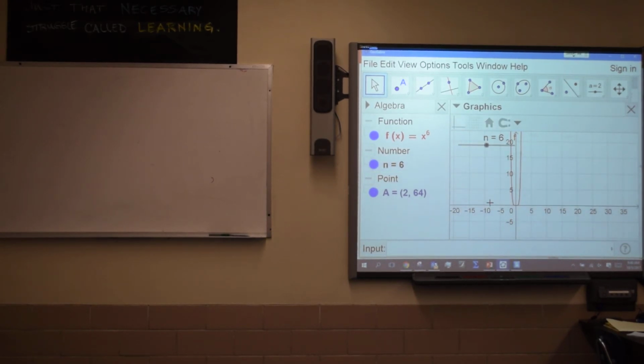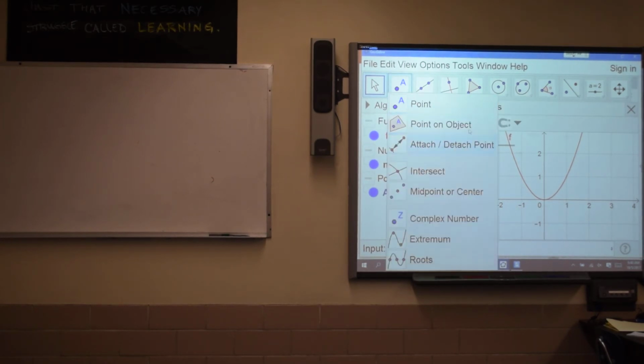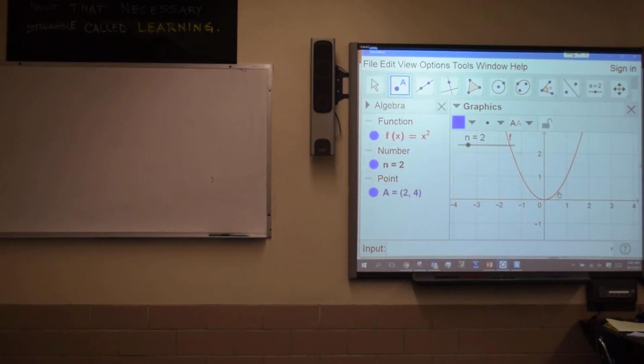And what happens though, maybe looking at it this way, numbers that were bigger than 1, we're getting a lot larger after I square them, or raise them to the 4th power, raise them to the 6th power. When I have a number like, let's say, let's see if I can get 1/2 on here. Let me scroll in.